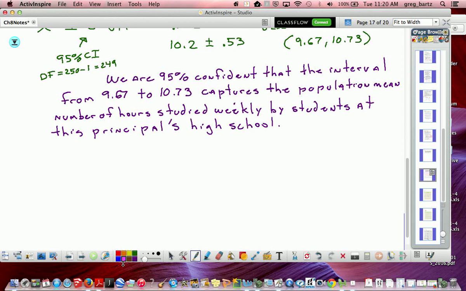So, there was one last little part to this question, and that is, can the principal claim the mean is greater than 10 hours?